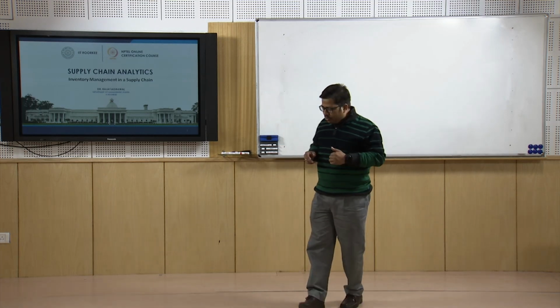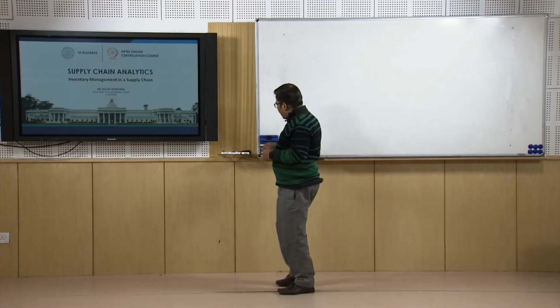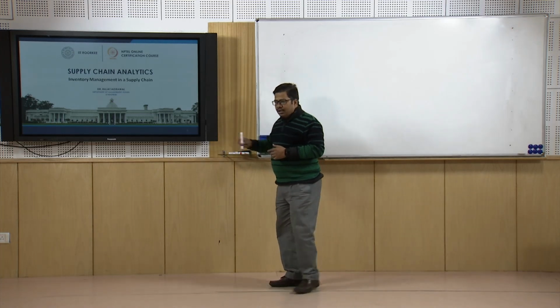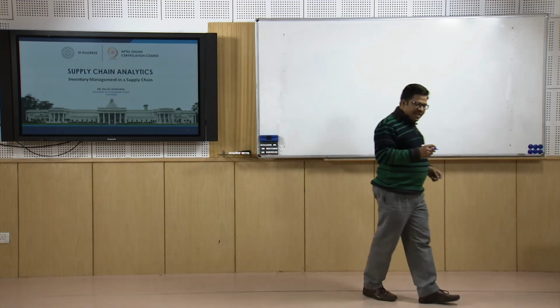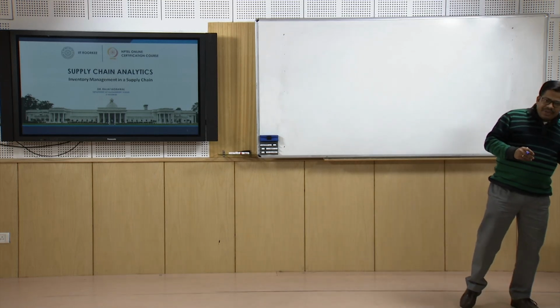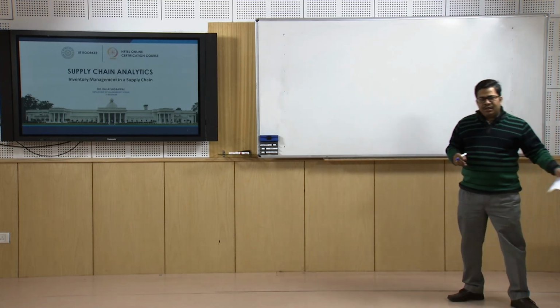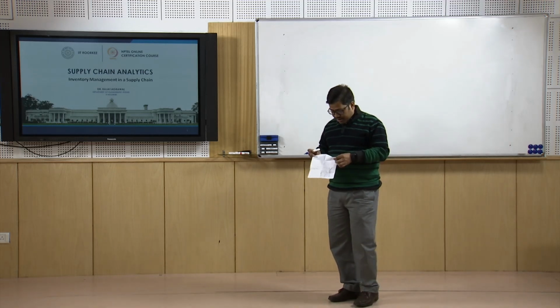Now, going further into the discussion and having a particular case, let me have some data with us, and with the help of that data we would like to see how the multi-echelon model can be applied to that situation.